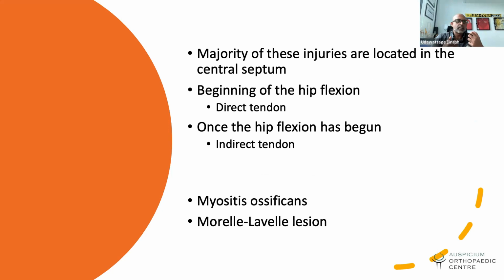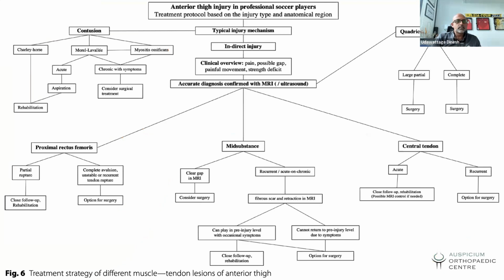Once hip flexion has begun and you're going through that movement, it tends to involve the indirect tendon. They also discuss some of the possible consequences of not dealing with things properly, so the risk of myositis ossificans, and one of the differentials, of course, for a swelling over the quads is Morel-Lavallée lesion, from contact injury and fracture of the fatty tissue.